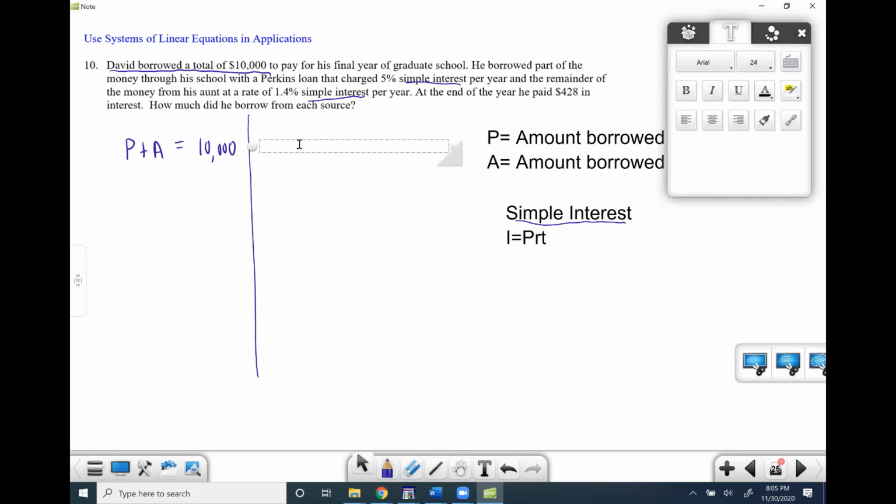I know that the interest paid to the Perkins plus the interest paid to his aunt better equal, right?